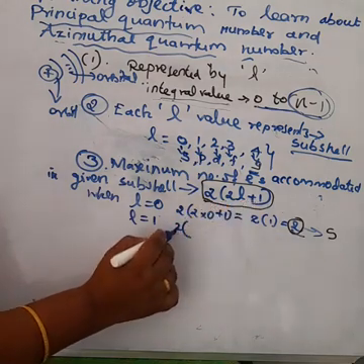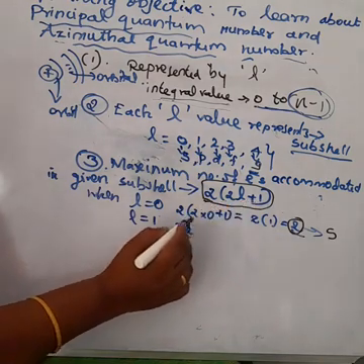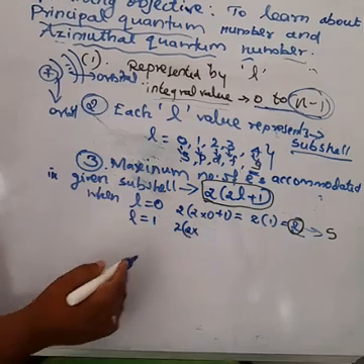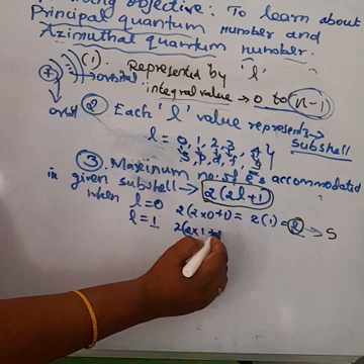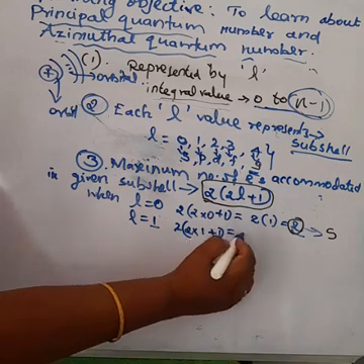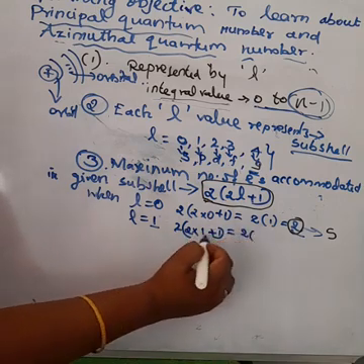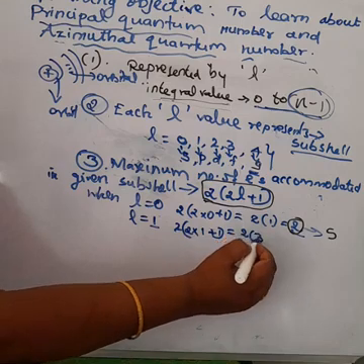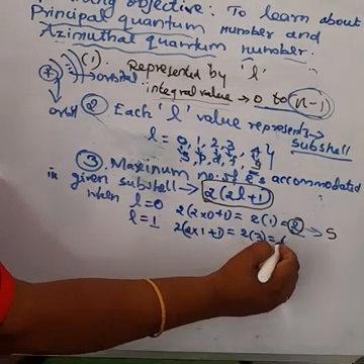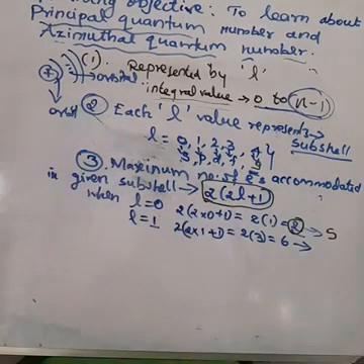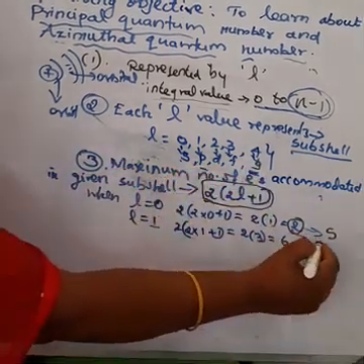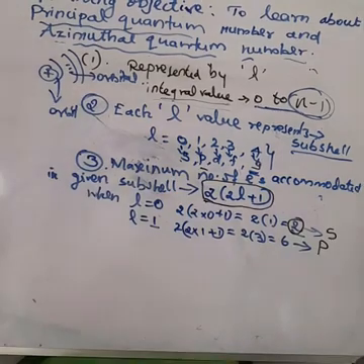So 2 into (2 times 1 plus 1), 2 plus 1 is 3, and 2 into 3 is 6. We can accommodate 6 electrons in the P subshell.